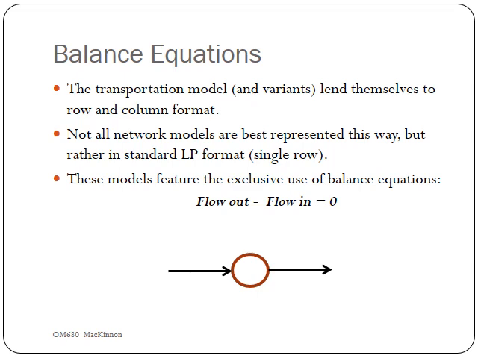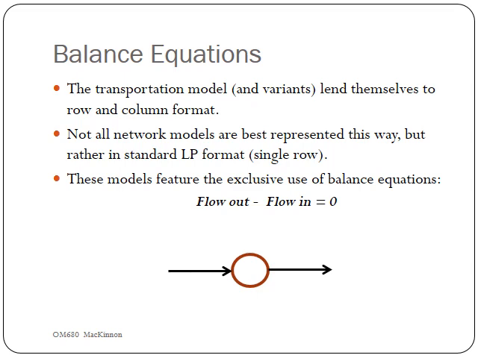We're going to talk about something that's important when we talk about transportation models, and that is the use of balance equations. A balance equation, and we saw it a little bit in the previous slide, is when everything flowing into a node equals everything flowing out of the node. The transportation model lends itself to the row and column format, the matrix format.